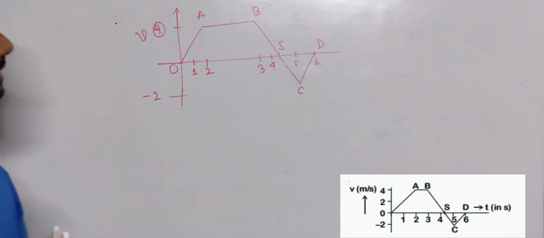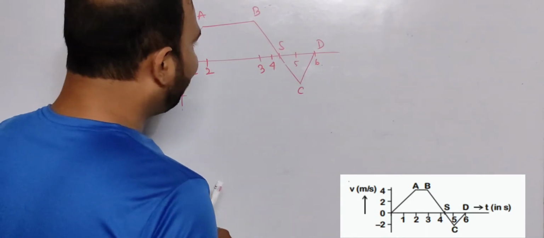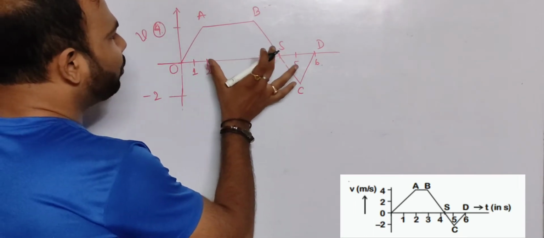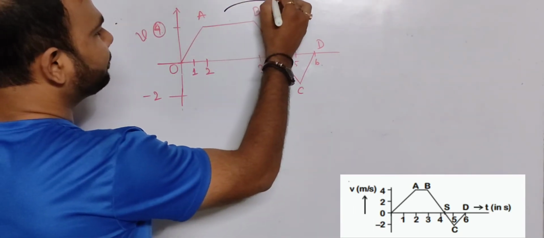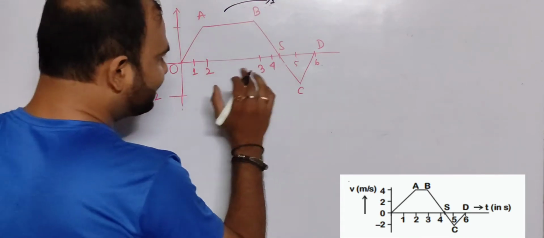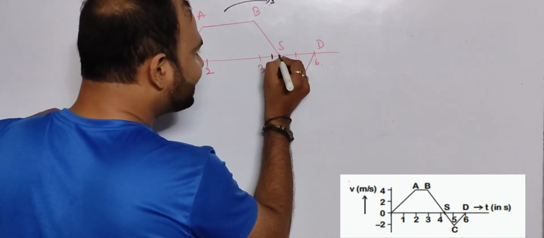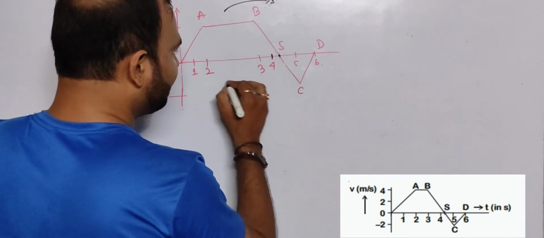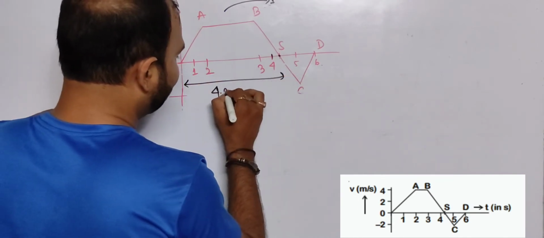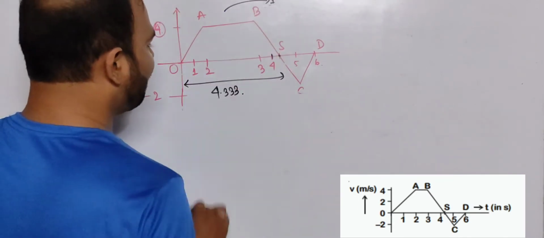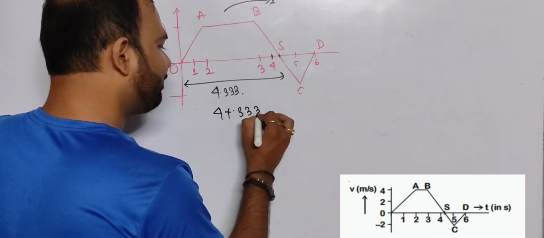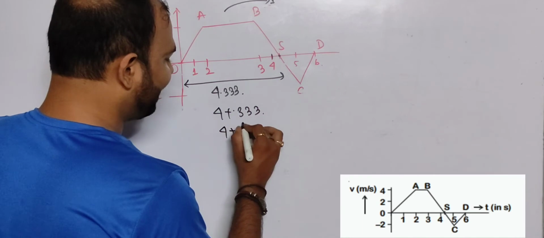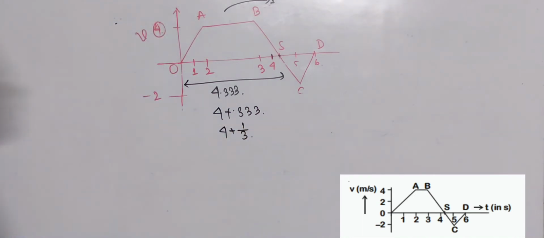In case of trapezium, we have to know the two parallel sides. AB is 3 to 4, that is 1, and this side is 4.333 and this is 1. 0.333, 4 plus 0.333, we can represent 0.333 by 1 by 3.